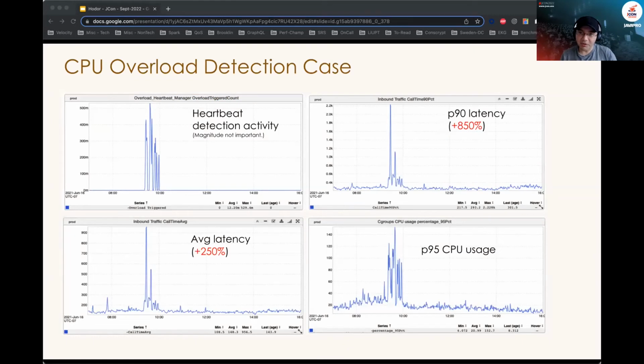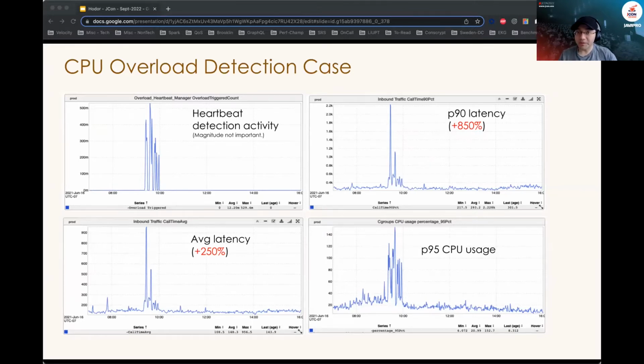This is an example of the heartbeat CPU detector in action. In the top left graph, you can observe that the heartbeat detector is able to capture a CPU overload, as can be evidenced by the bottom right graph, where the container 95th percentile CPU usage is spiking considerably.